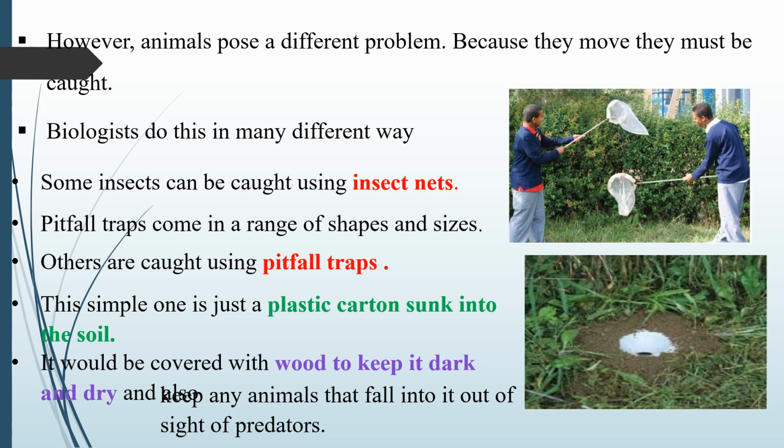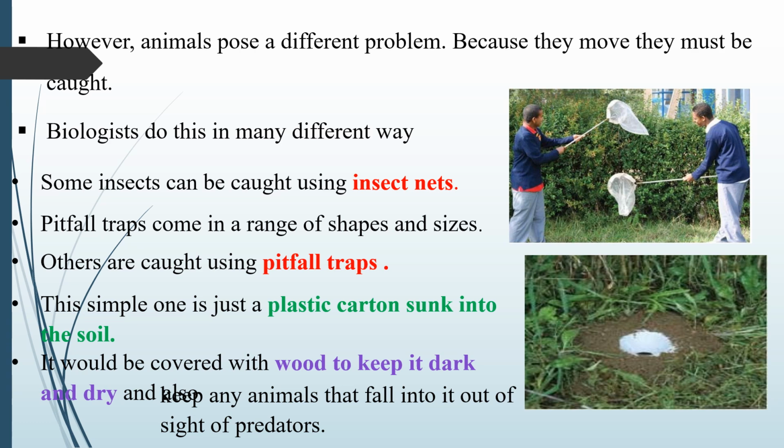Pitfall traps collect insects and animals that live in holes, and they come in a range of shapes and sizes. This simple one is just a plastic carton sunk into the soil.